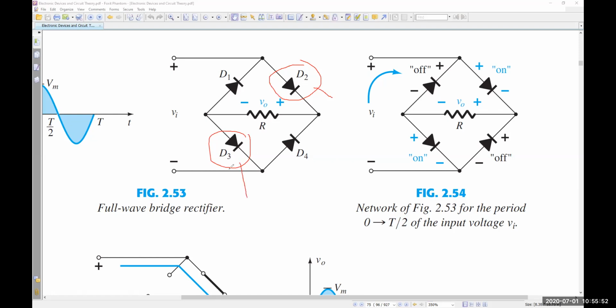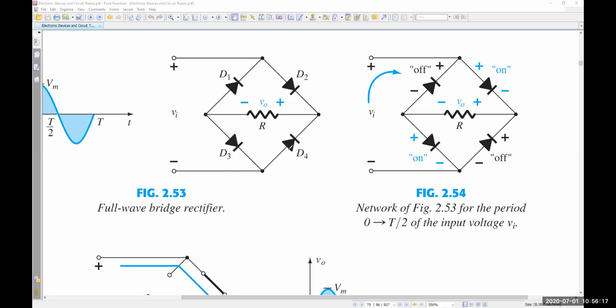So 0.7 and 0.7, how much? 1.4. 0.7 plus 0.7 is not 0.14, it is 1.4. So for the positive half cycle, it will take 1.4.